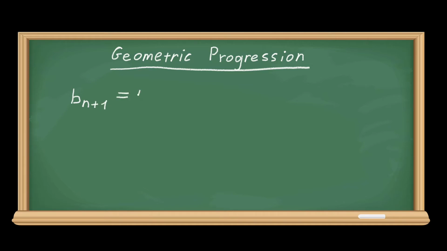The previous number in this formula is Bn, and the rate of change is q. To make the equation clearer, let's assume that n equals 3, so the fourth term in the sequence will be equal to b3 times the rate of change q.